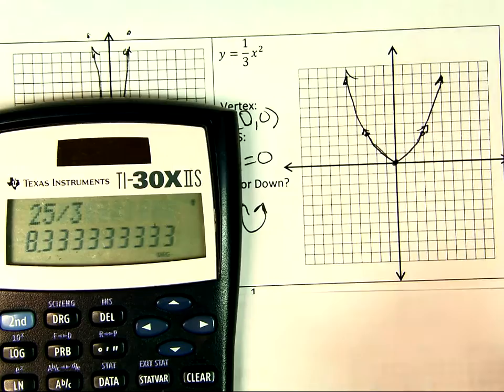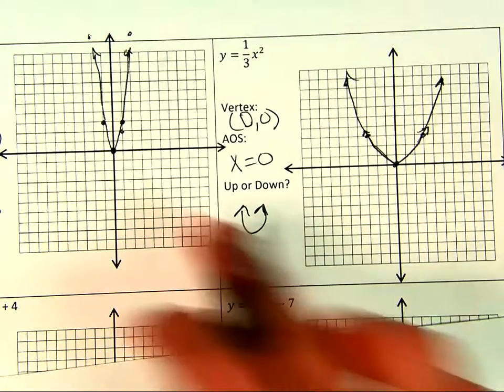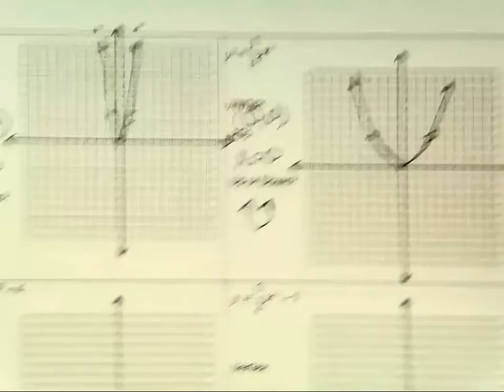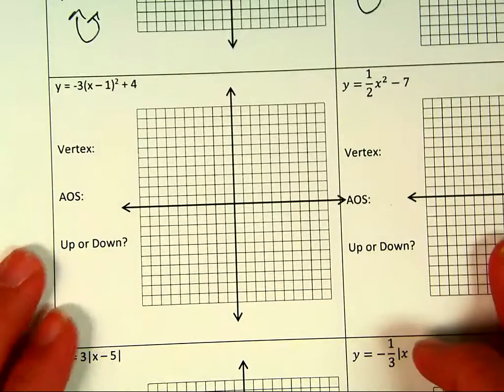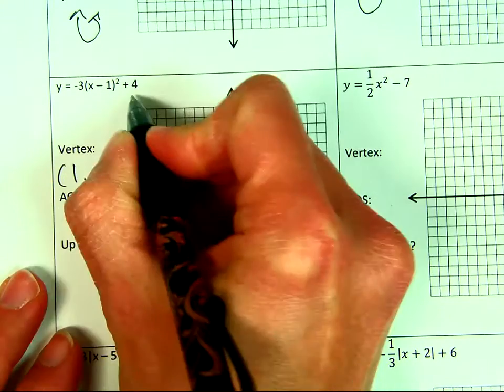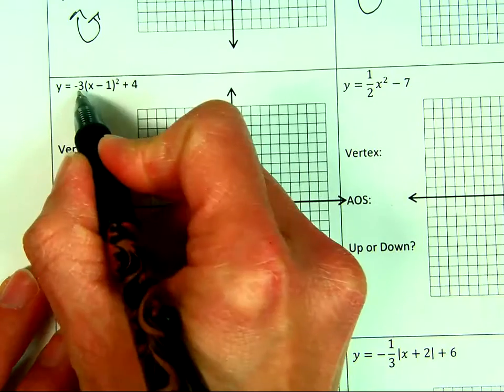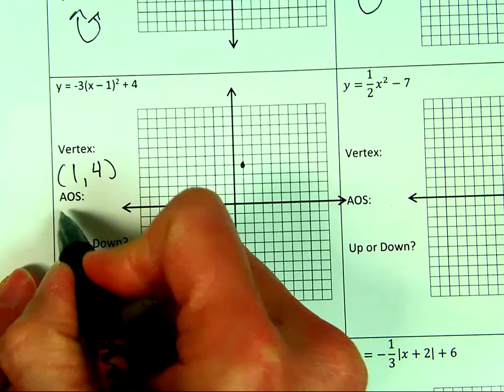Okay, so now we're going to take that pattern, that up 1 over 3 or the up 3 over 3, and we're going to apply it to shifts. So the vertex changed because I shifted right 1 and I shifted up 4. So 1, 4. It's upside down because it's negative, and my axis of symmetry is x equals 1.